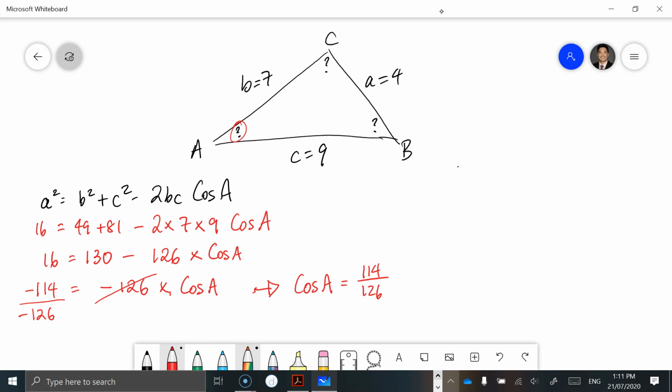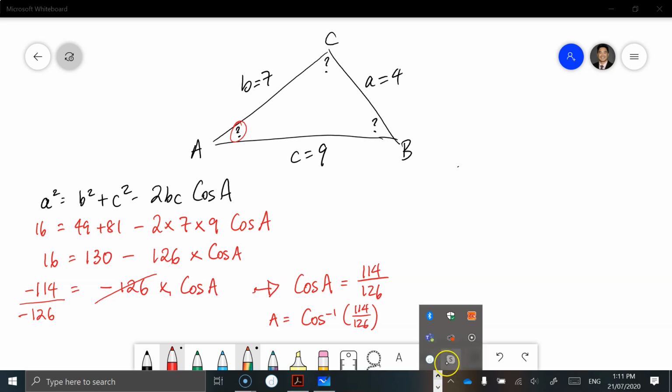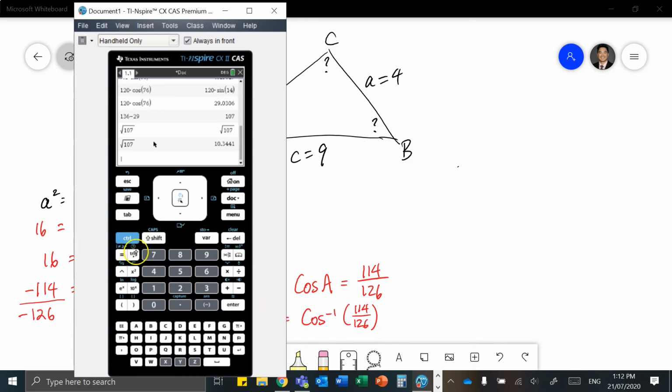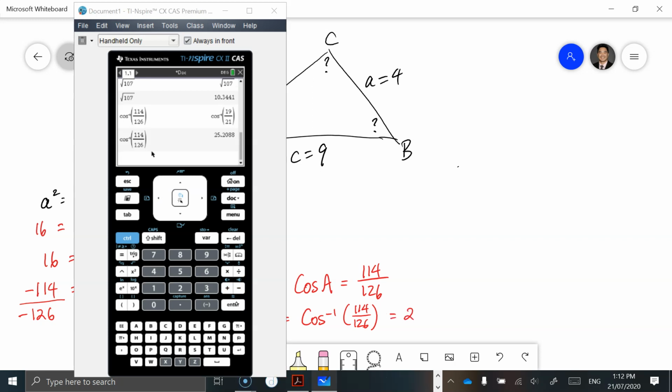I've taken away the negatives because two negatives make a positive. To get angle A, we're going to use the inverse, so angle A is the inverse cosine of 114 divided by 126. Now we're ready for the calculator. Inverse cosine of 114 divided by 126, close brackets, and we'll get 25. Round it to 25 degrees.